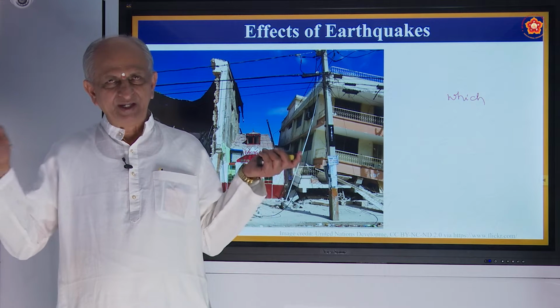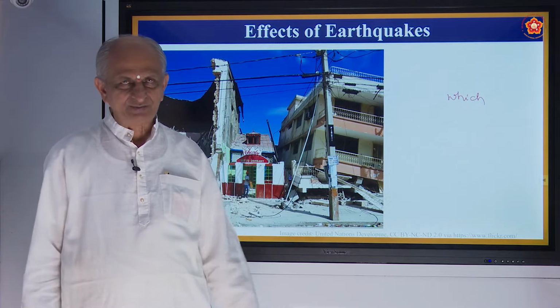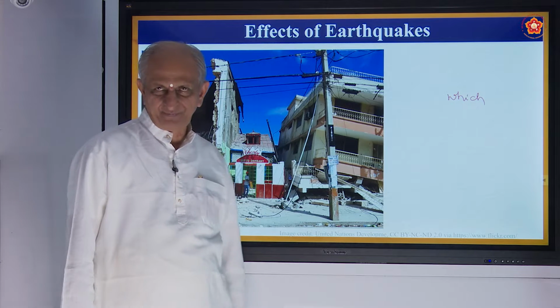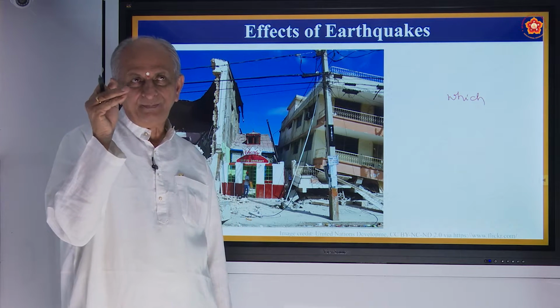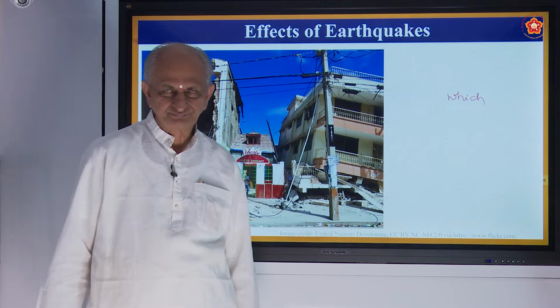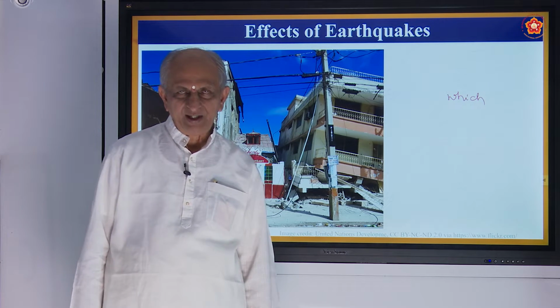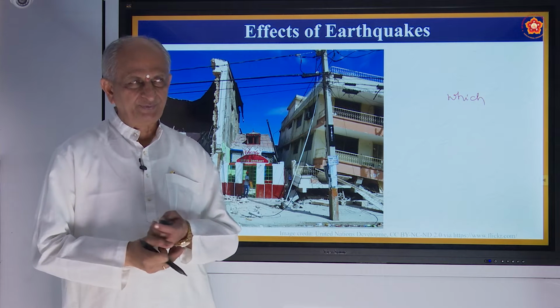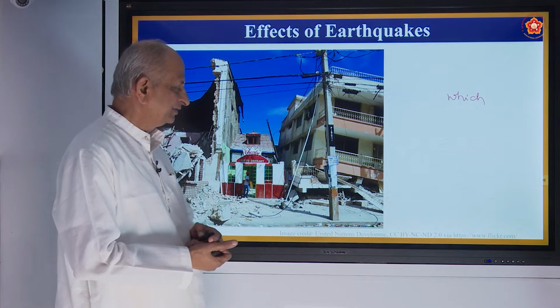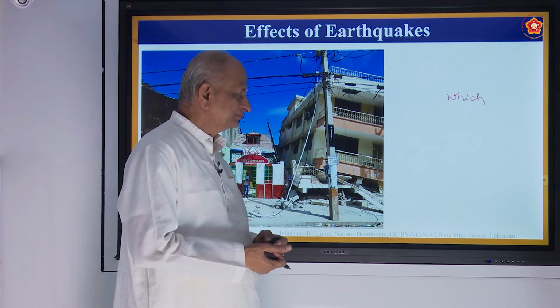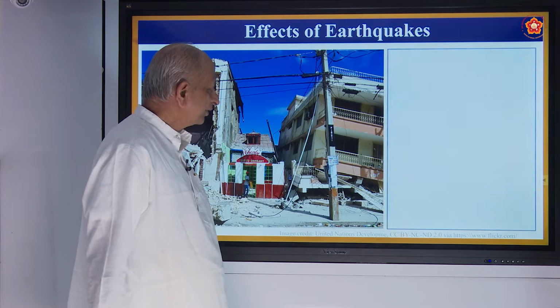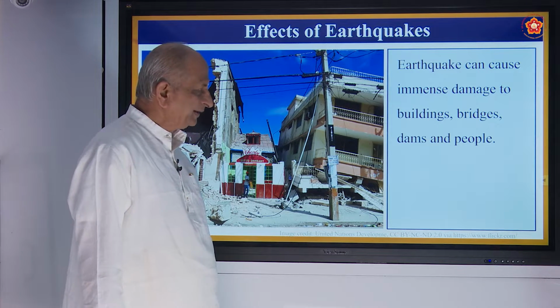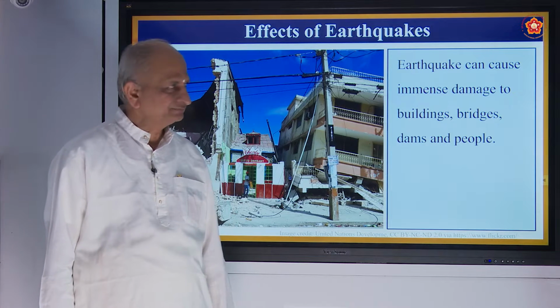Only our scientific gadget, what we call a seismograph, will detect the presence of an earthquake, and the shock waves of the earth will be made known on a scale called the Richter scale. Okay, but of course they can't avoid it.